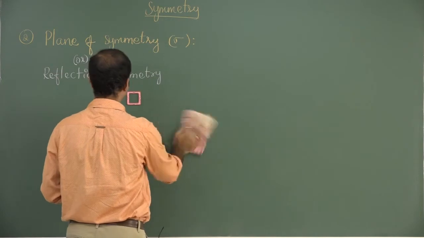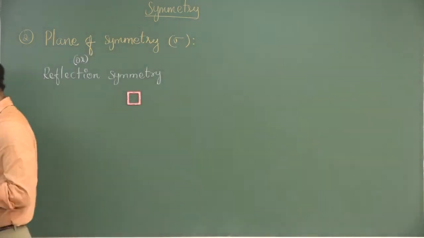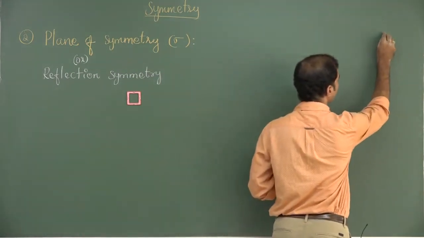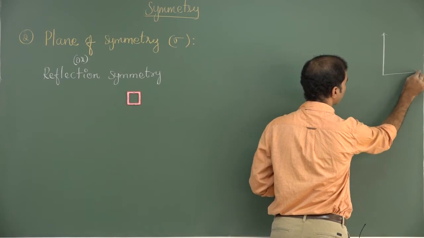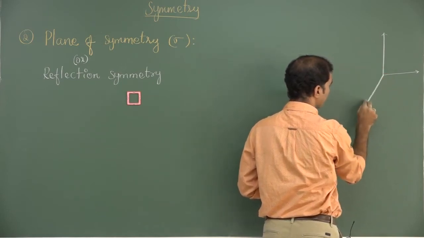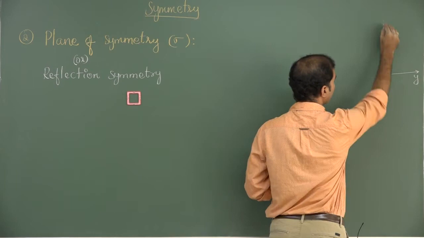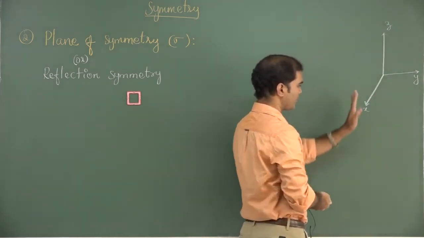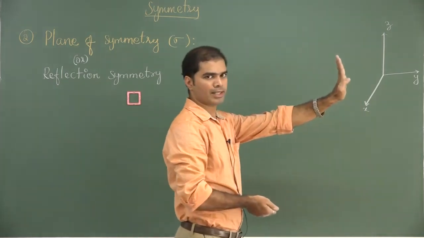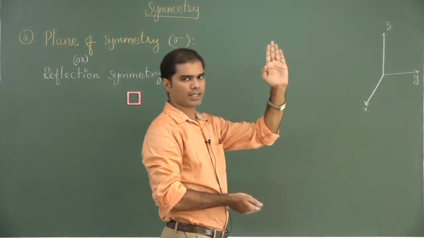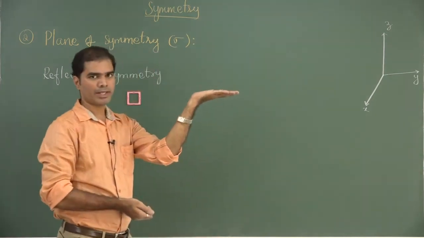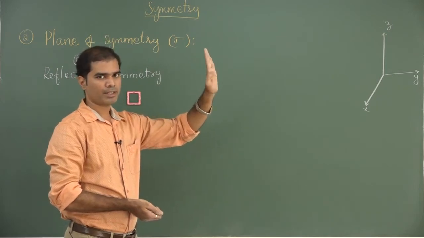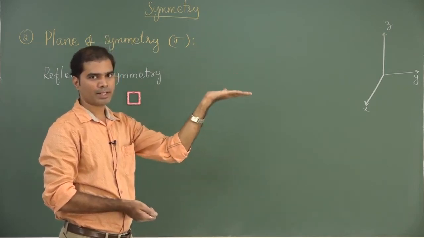With respect to the coordinates x, y and z, we had three different planes. If I show this particular plane, this is an xz plane, this one is a yz plane, whereas this is an xy plane. I am just showing it again. This is an xz plane, yz plane and an xy plane.